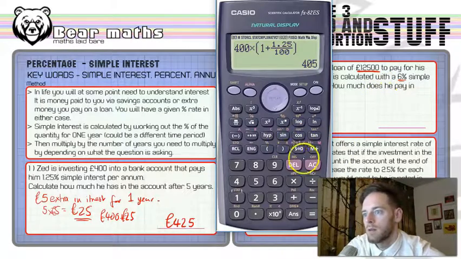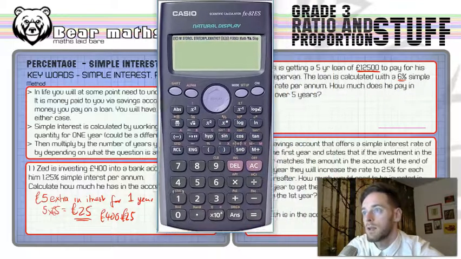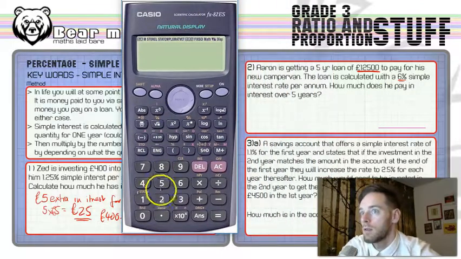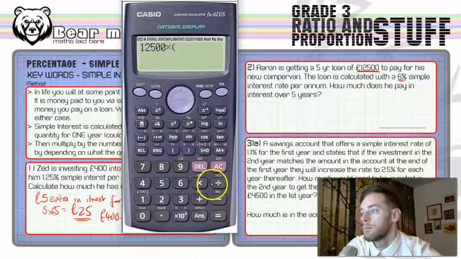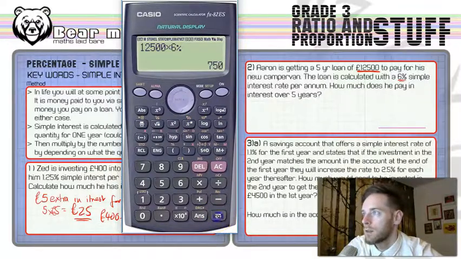So I'm going to do it a slightly different way. Move the calculator over. I'm going to do the 12,500 multiplied by shift 6%. That's not what I pressed. Shift 6, shift, and then percent. That's what I meant to press. And that is going to calculate 6% of 12,500.